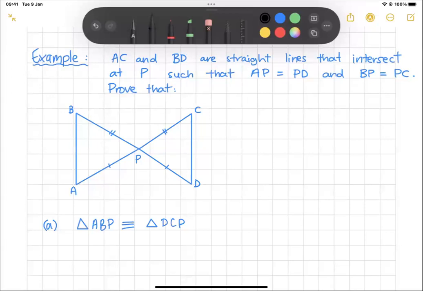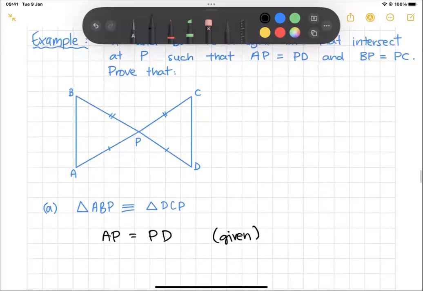We're going to use the stuff that we already know from the question. We know that AP equals PD. That's my first step: AP equal to PD. The reasoning for this is the word given. Whenever you use the reasoning given, it basically means that the information was already given to us in the question.